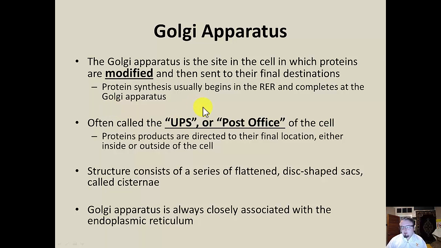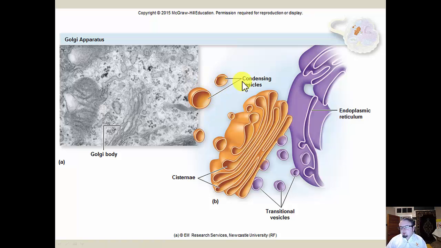Here's a figure. So over here we see the endoplasmic reticulum. I'll talk about how this happens in just a second. What ends up happening is the products, like the proteins, are packaged up in these little things called transitional vesicles, and they're then sent across the cell and received by the Golgi apparatus, which is what you're looking at here. This yellow gold structure is the Golgi apparatus.